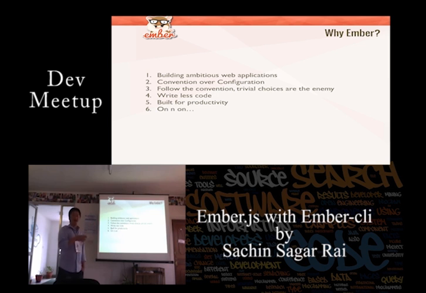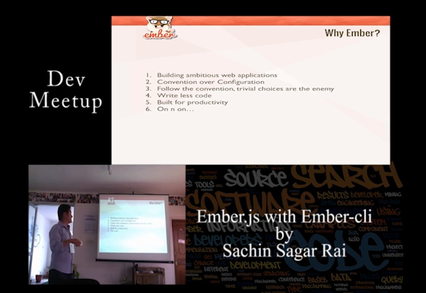On its website, the tagline defines it as building ambitious web applications. It's a JS framework. It's backed by Yehuda and those guys, but especially another guy, Tom Dale, is on the lead team along with Yehuda.